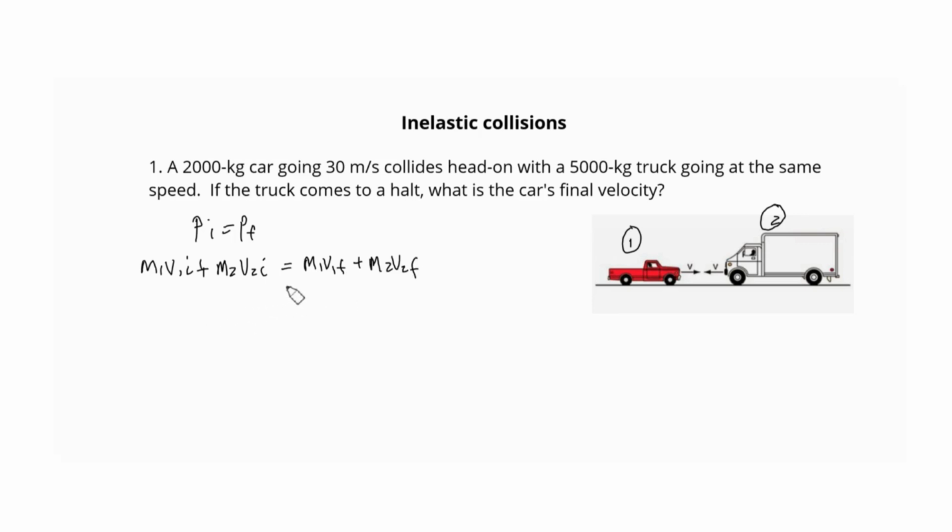Okay? And so we know that after the collision, the truck comes to a halt, which means its velocity would be 0. So this is my M1, that's M2, that's V1 initial, and then V2 initial is the same as that, but in the opposite direction.